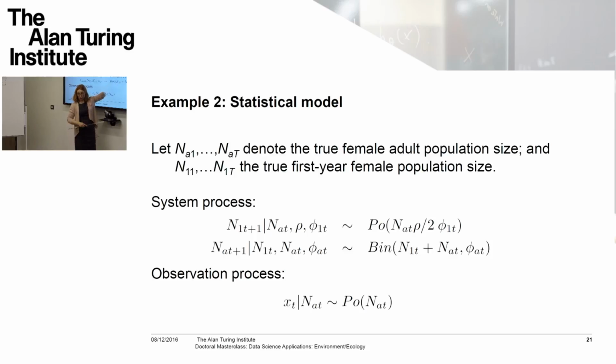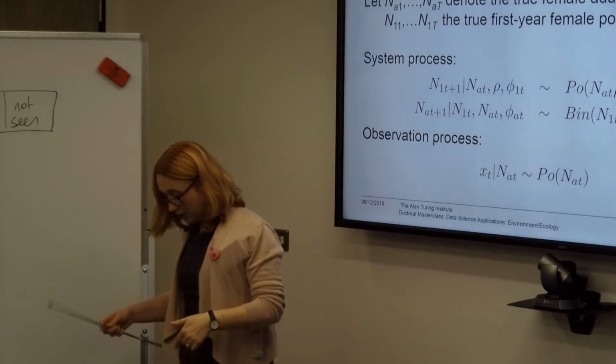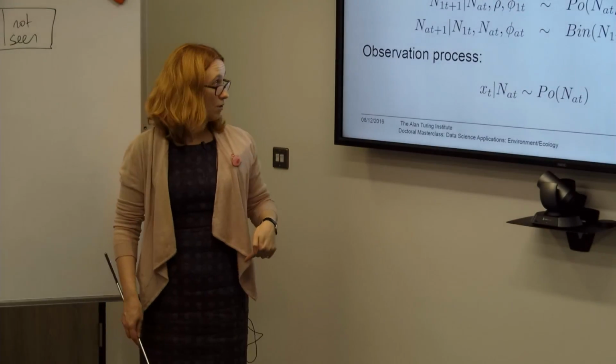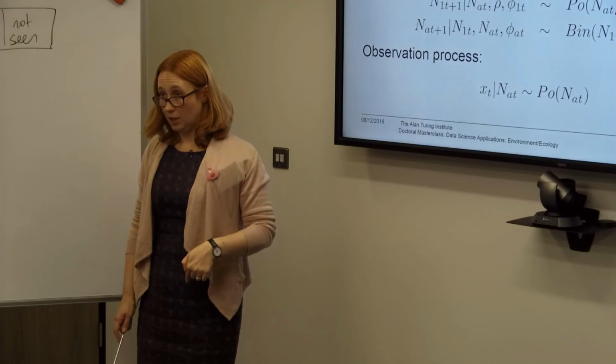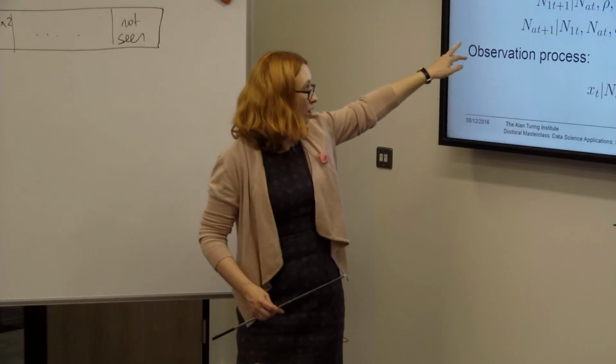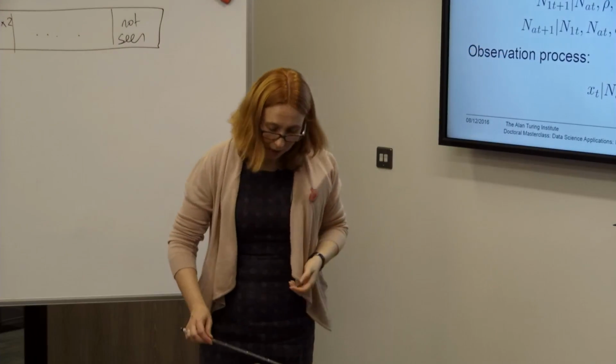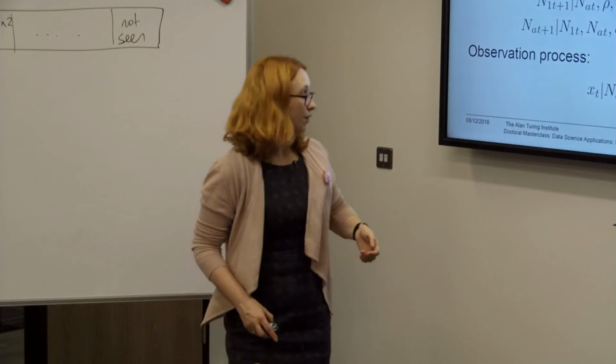Fecundity rate is just a total number, and we're only interested in females. So it's going to be rho over 2 times phi 1t for each individual. But all the birds are independent of each other. We have a total of N_A adults, so we just sum Poissons, which are the same, and we get Poisson N_A rho over 2 times phi 1t.